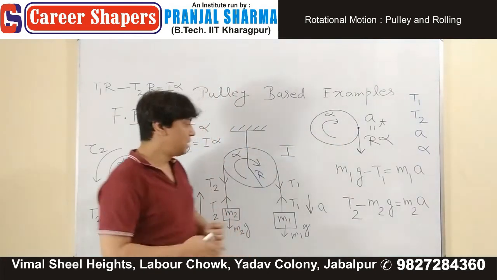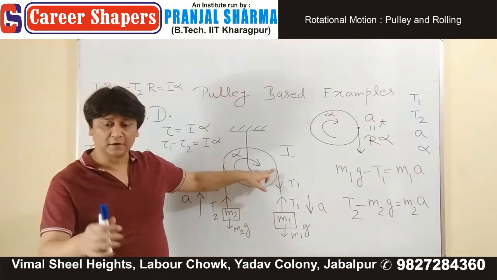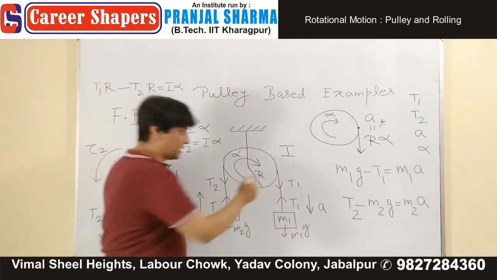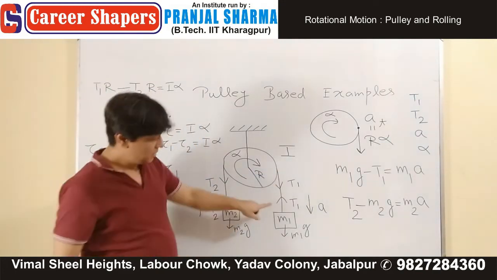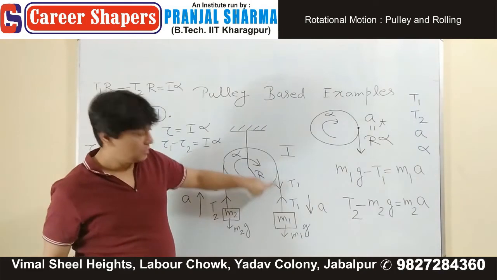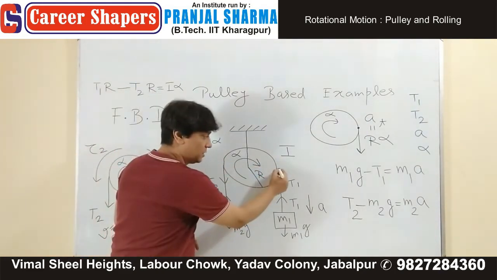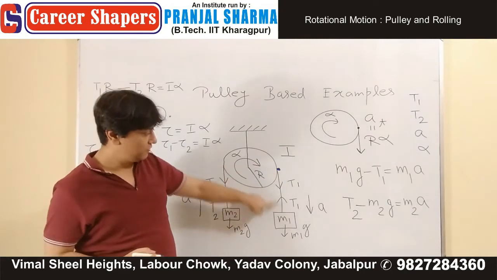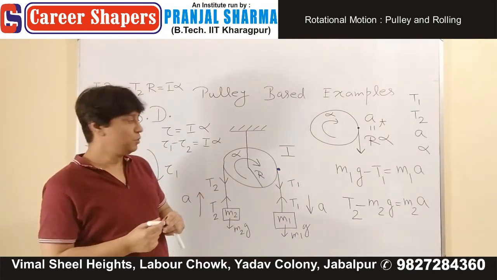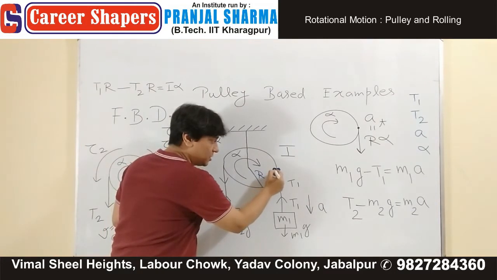But I told you that this rope is also not slipping. So the point of the rope which is in immediate contact with the pulley, let's show it with a blue dot, if you can see the blue dot. This is part of the rope, and this blue dot is in contact with the black dot.